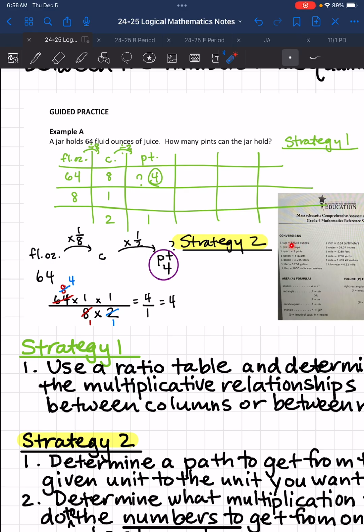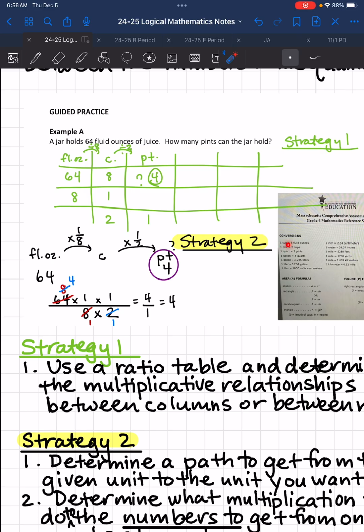Now I'm going to look at the number 8. What do I have to do to the number 8 to get to the number 1? Again, using multiplication. So I notice that from 8 to 1, it's getting smaller. So I'm going to have to multiply by a fraction that is smaller than 1. Because if I multiply by a number greater than 1, 8 is going to result in a larger number. I don't want that. I want it to be a smaller number. So I'm going to multiply it by a fraction that is less than 1 that involves both the numbers 8 and 1 in the fraction.